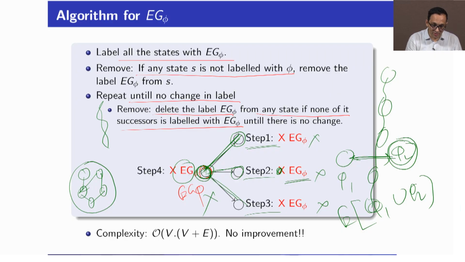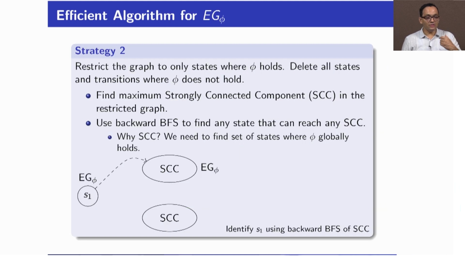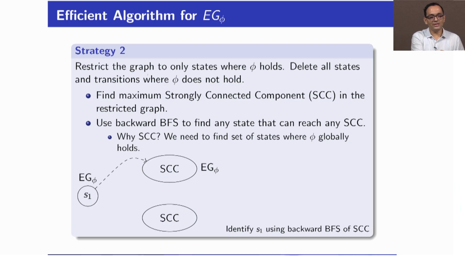But if you do not do the backward BFS, your complexity will be high, V times (V plus E). So, let us come up with an efficient algorithm. This is just an efficient implementation of the same idea; the idea remains the same. I will only take the states where phi holds, which is obvious.